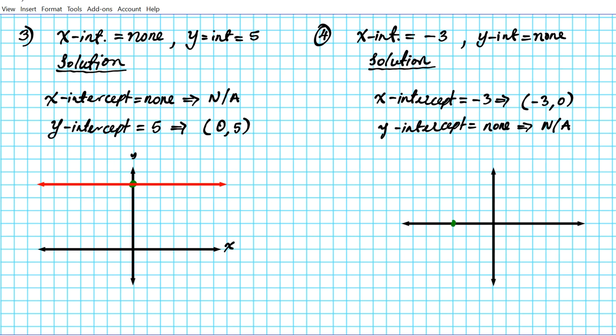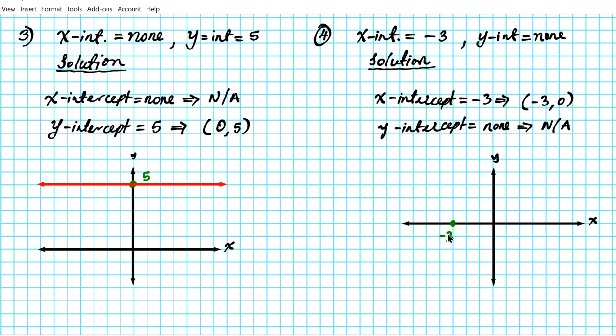1, 2, 3. So you go in the negative direction of the x-axis, so that's -3. So this is 5 right here. Okay, so we have a line that goes through this point on the x-axis, but the line never touches the y-axis. So which line goes to this point but never intersects the y-axis? Well, it must be a line that is parallel to the y-axis.